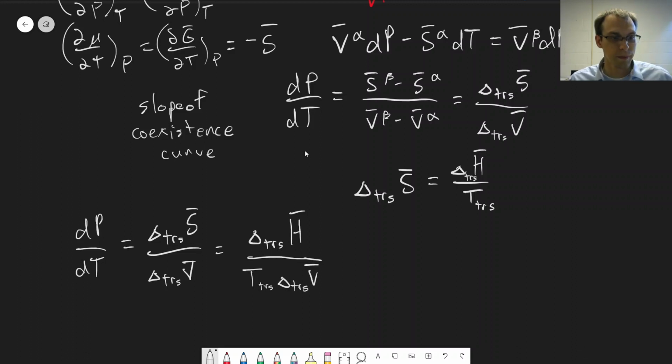Okay, and this is the slope of the coexistence curve on the PT phase diagram, and this is what's known as the Clapeyron equation.